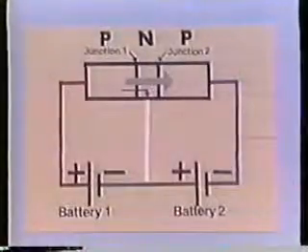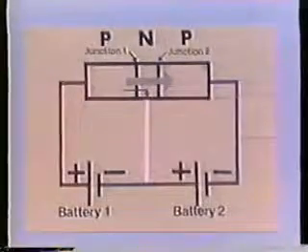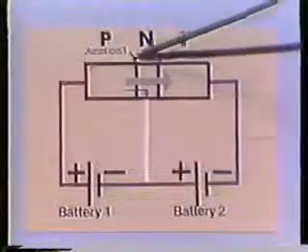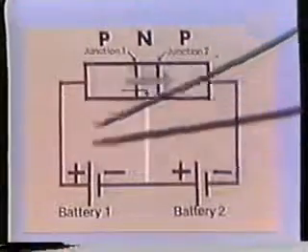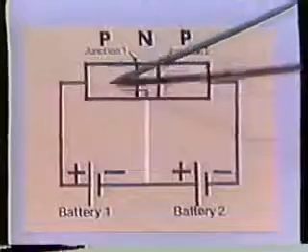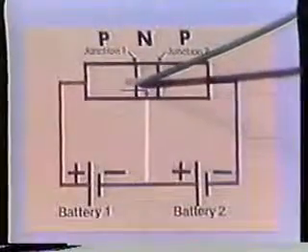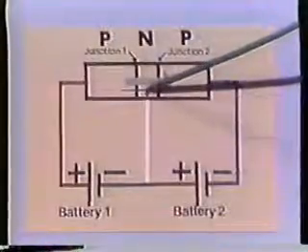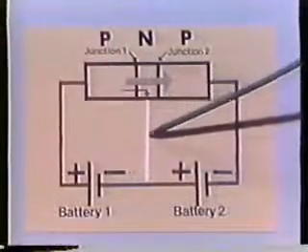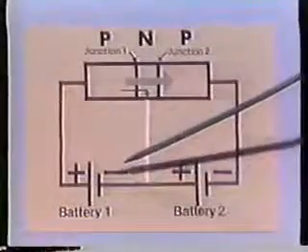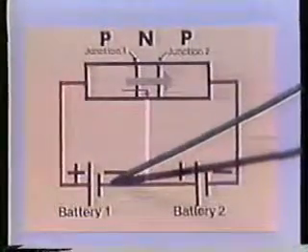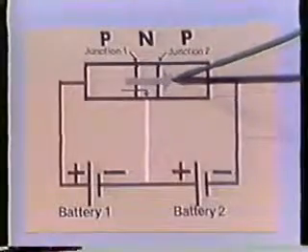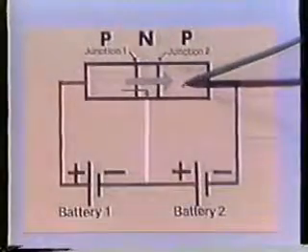Now let's take a look at what is happening to the current carriers, or holes, inside the transistor. Since Junction 1 is forward biased, holes will flow across the junction from the positive terminal of battery 1. When the holes cross the junction, they can go in either of two places. They can go out of the transistor to the negative terminal of battery 1, or they can cross Junction 2 and go into the P-type material.